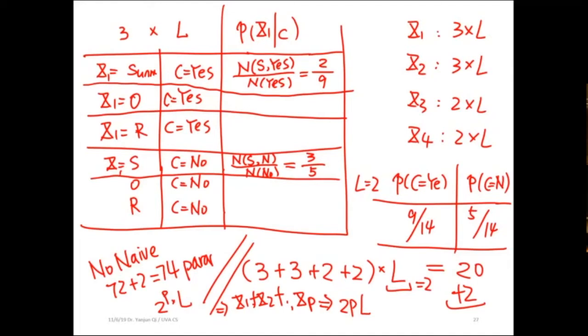And you can tell there's a reason why we need to have the naive assumption. So even if p equals 30k, how many parameters do you need to estimate, assuming L is 2? 120k parameters to estimate.